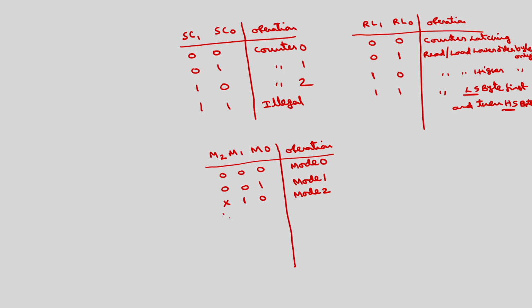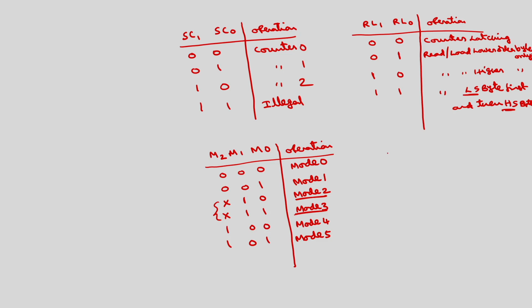This is X11, which can be 0 1 1 or 1 1 1, is mode 3. Then we have 1 0 0, mode 4, and 1 0 1, mode 5. Here these 2 are don't cares. So, we have 2 possibilities for mode 2 and mode 3.